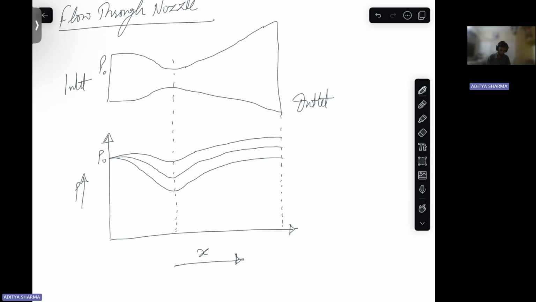Here, P naught. Then at the nozzle throat, this is P star.